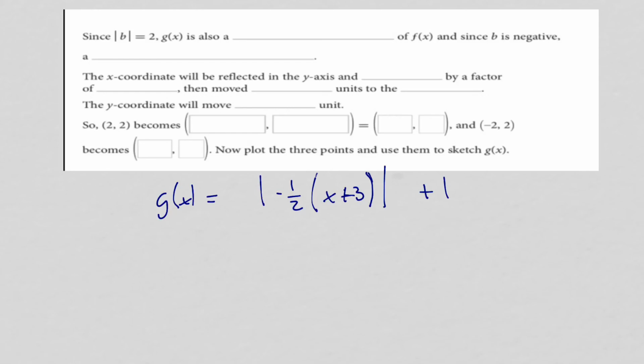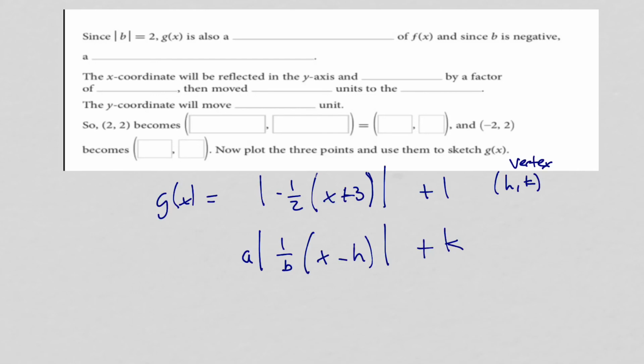And in the earlier part of the section, these functions take the form of a times the absolute value of 1 over b times x minus h, plus k. We concluded our vertex would have been h and k. This is always the vertex of our absolute value function.